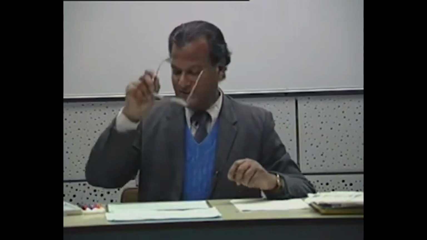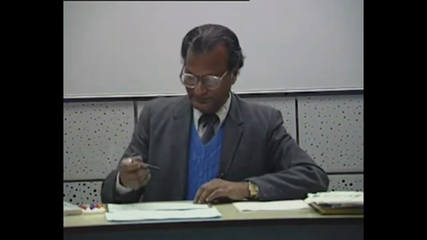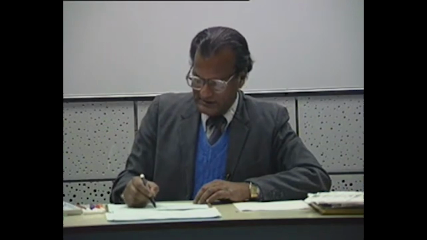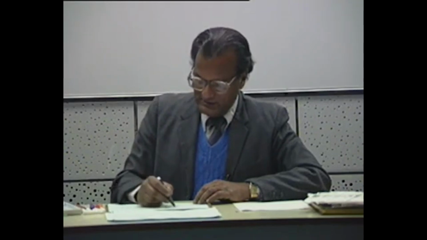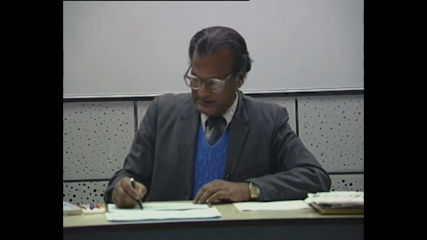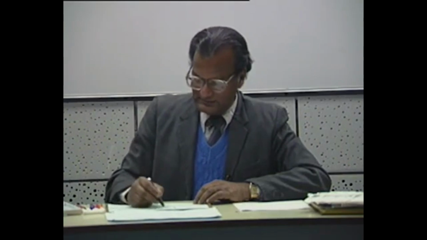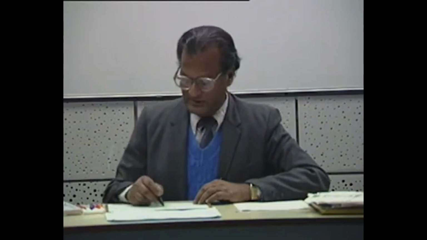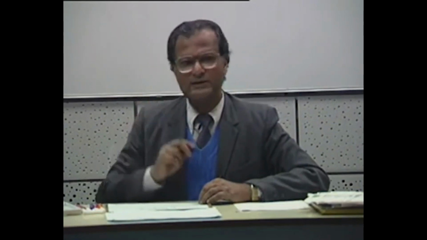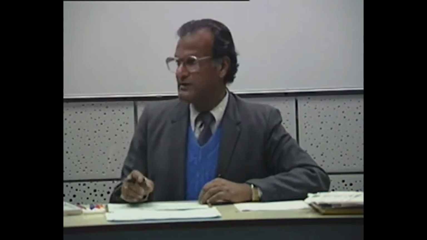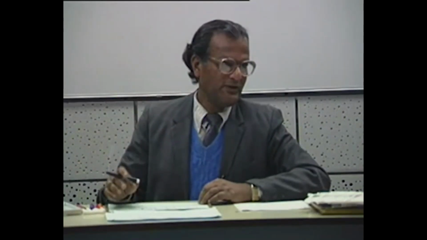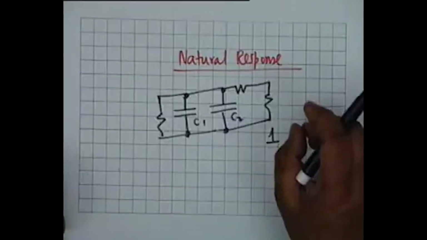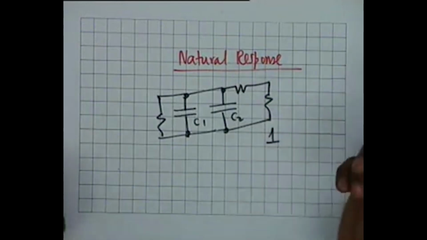Let's take a couple of examples. Suppose we have a circuit like this. There are two capacitors, C1, C2, a resistance here, then a resistance here and a resistance here. The order of this circuit is 1 because C1 and C2 are in parallel, they behave like a single capacitor. The number of resistors does not affect the order of the system. It is the total number of independent energy storage elements.